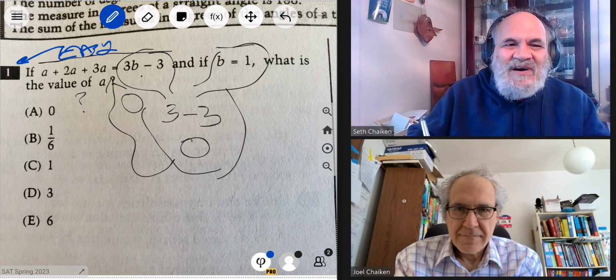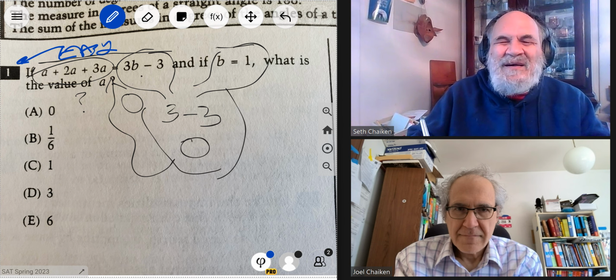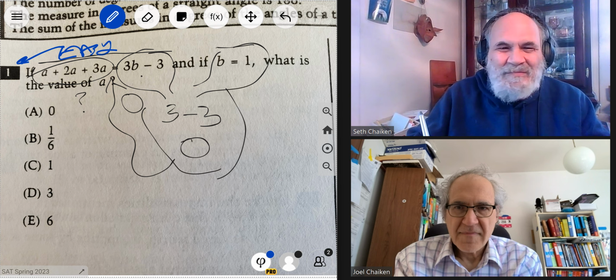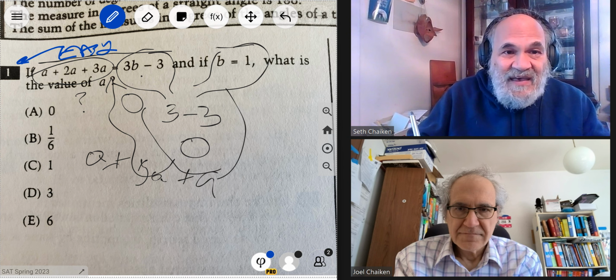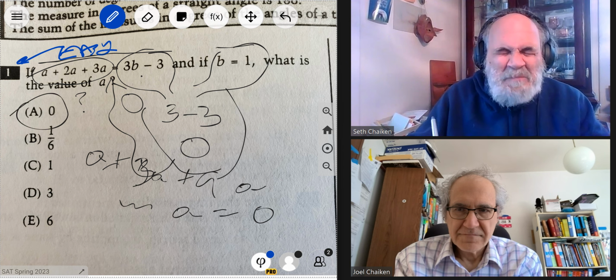And the left-hand side is 1A plus 2A plus 3A. No constants, a bunch of A's. A bunch of A's added together are 0. Well, the only way that could happen, A plus 3A plus 9A, a bunch of A's equals 0, is when A equals 0.